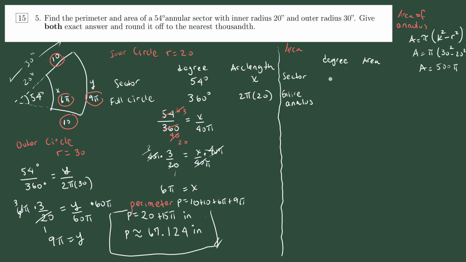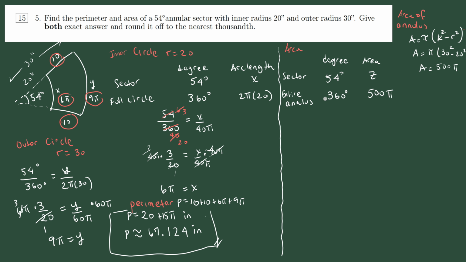So whenever we go back to this, the degree of the sector is 54, and the entire annulus is 360. The area of what we're looking for, let's just call this C for now. The entire annulus should be 500 pi.